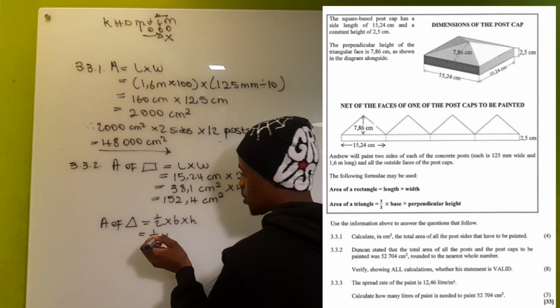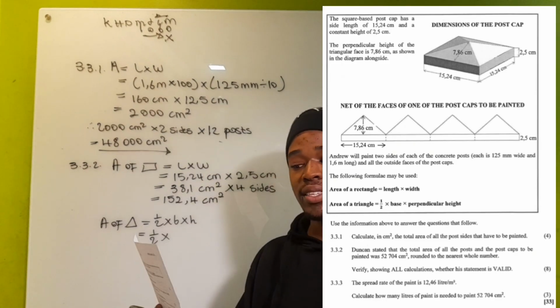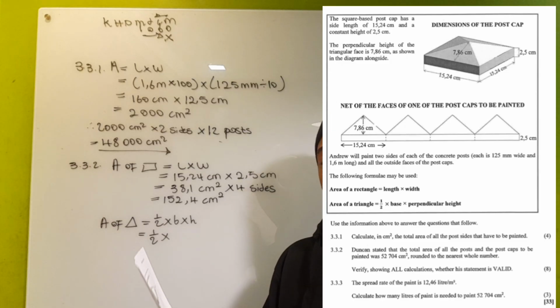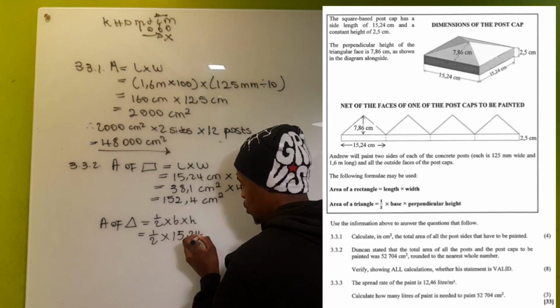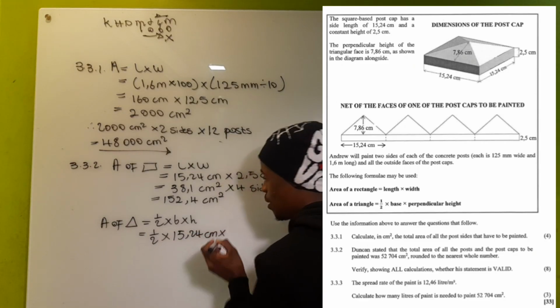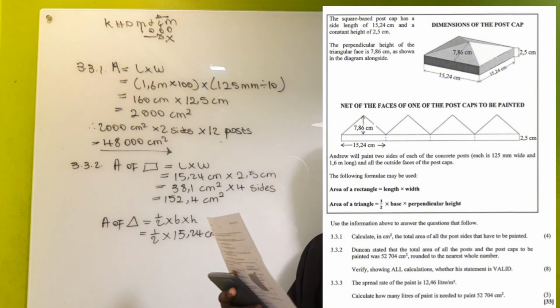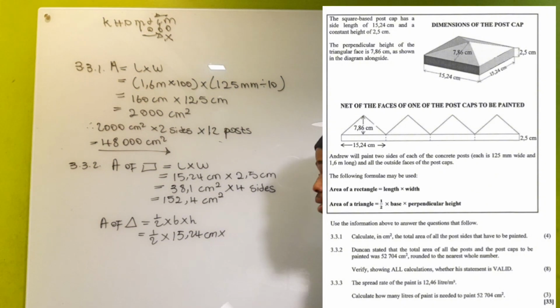So now we substitute 1/2 multiplied by, looking at the triangle, our base there will be the length of the rectangular part, which is 15.24 centimeters, multiplied by the height of the triangle, which is the perpendicular height given to us as 7.86 centimeters.